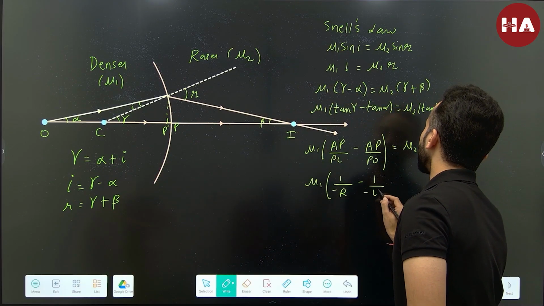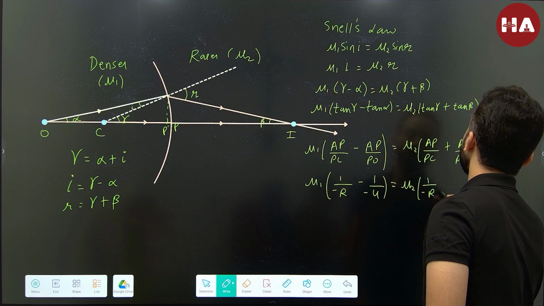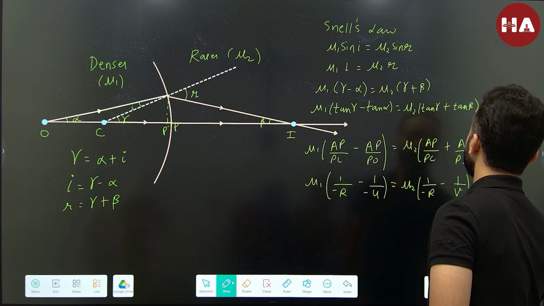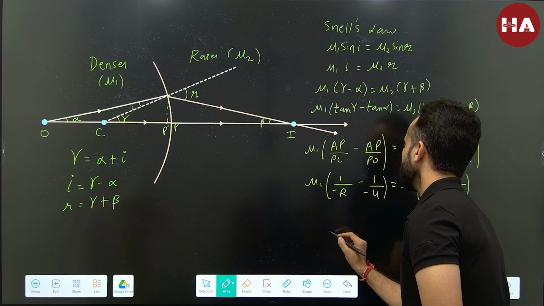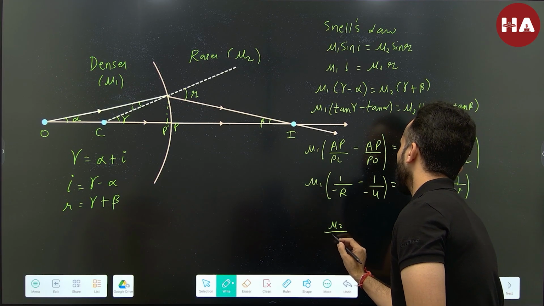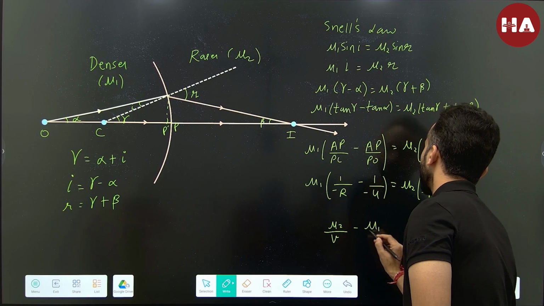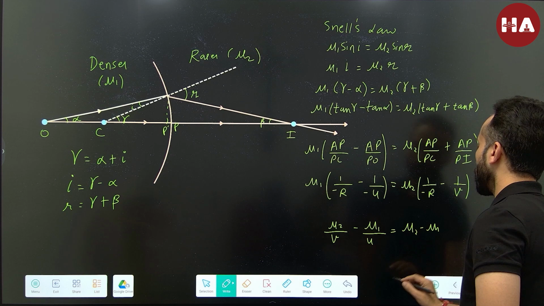U is going to be minus U because it is on the left. This is going to be minus R and this is going to be plus V. So when you rearrange this, no surprises for guessing: mu2 upon V minus mu1 upon U equals mu2 minus mu1 upon R.